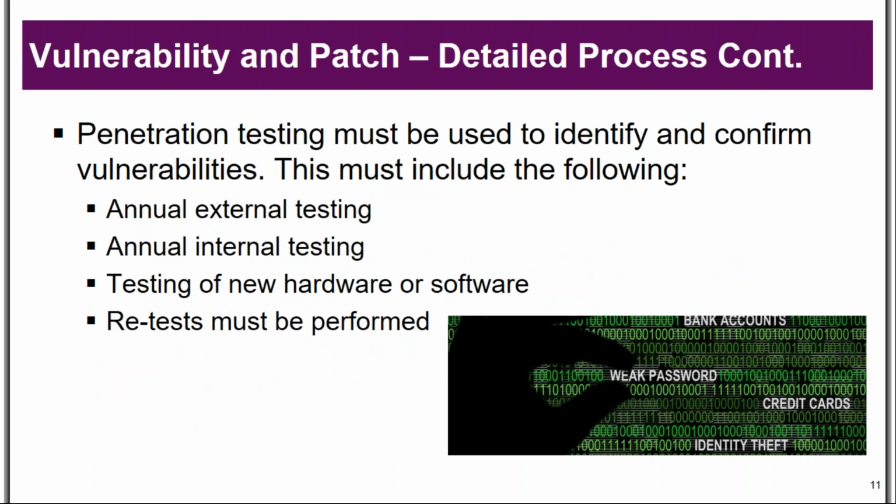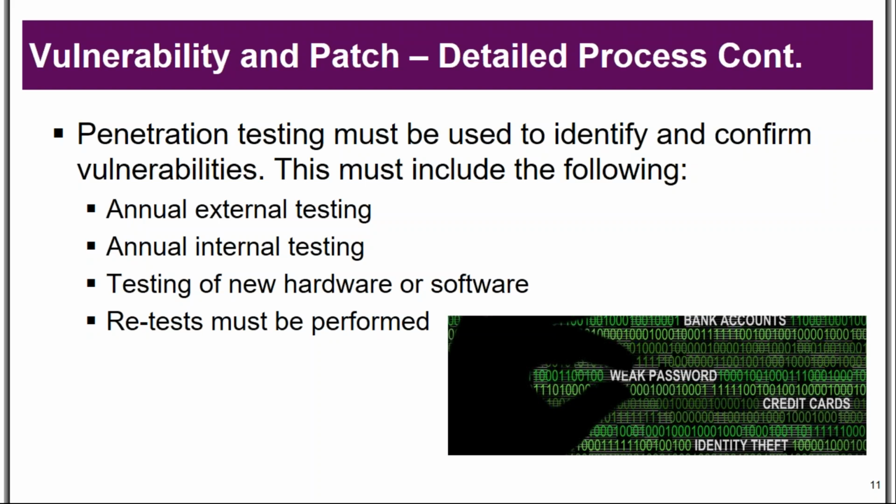Now, I talked about penetration testing before. Again, it has to be used to identify and confirm those vulnerabilities that we might have in our environment, either on our hardware, or our software, or both of them, that support our critical information systems. So it needs to include the following at least.